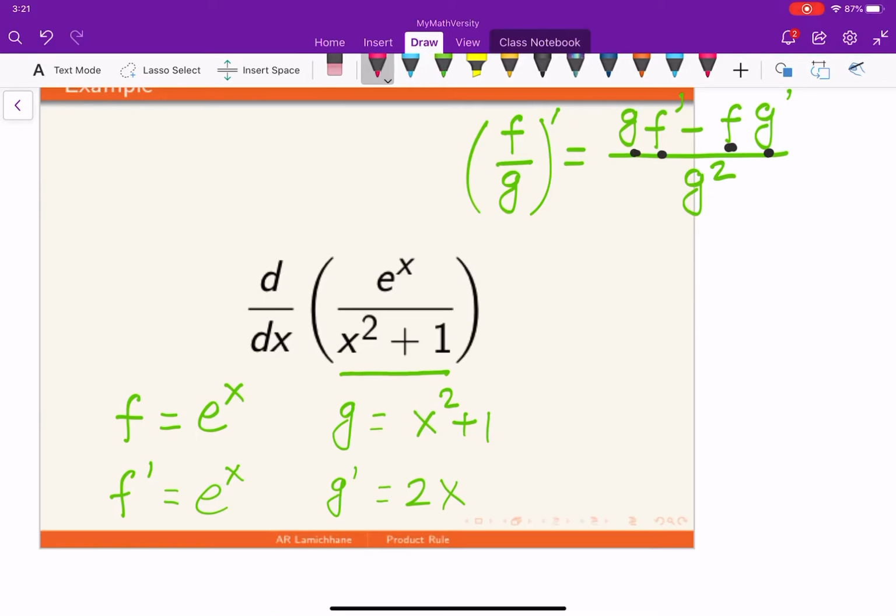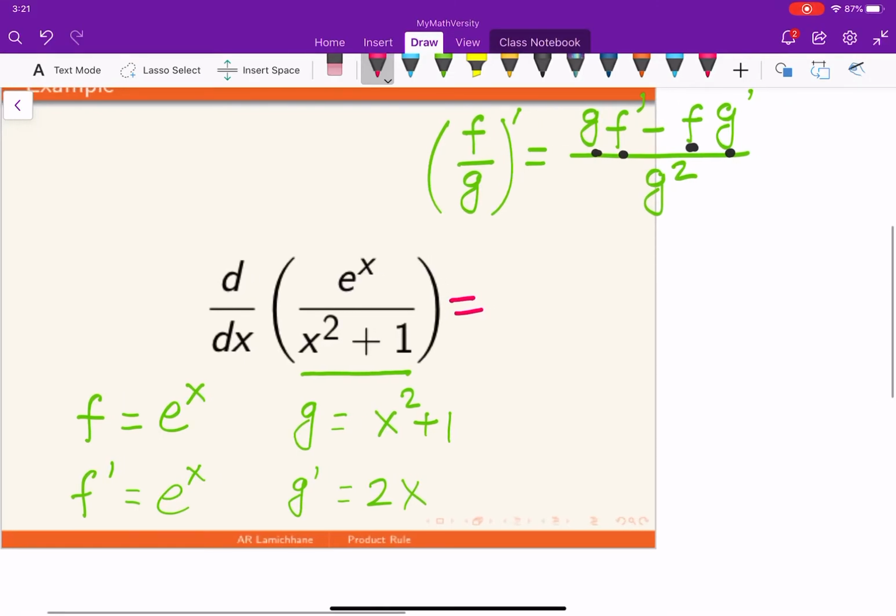Then we can immediately use the quotient rule to find the derivative of the function. Okay, so what do we need here? g, which is given over here, x squared plus 1, right? We can write that down. We need f prime, which we have figured out here as e to the power x, right? And then we have the minus sign here, carry on that, and we have f on this rule.